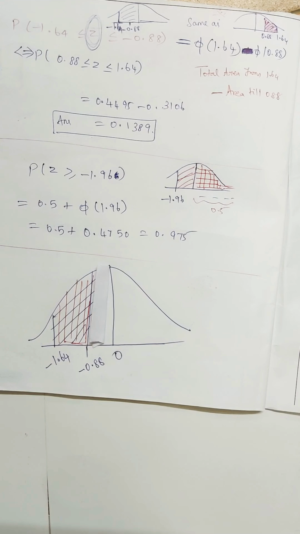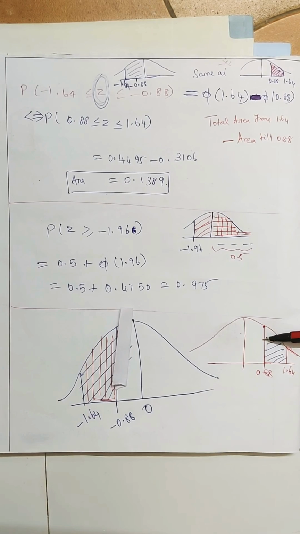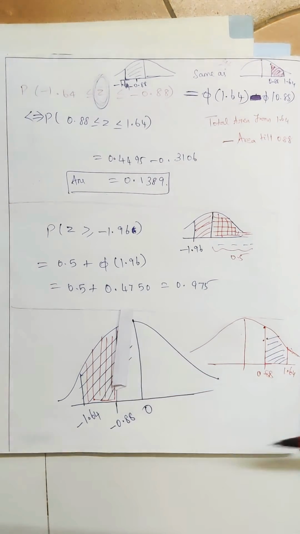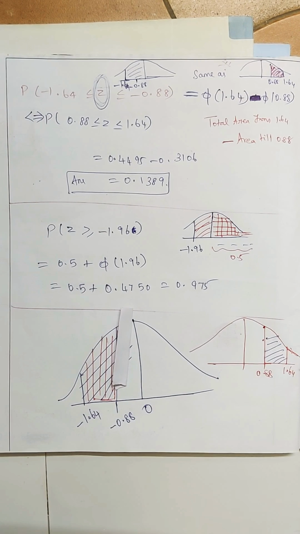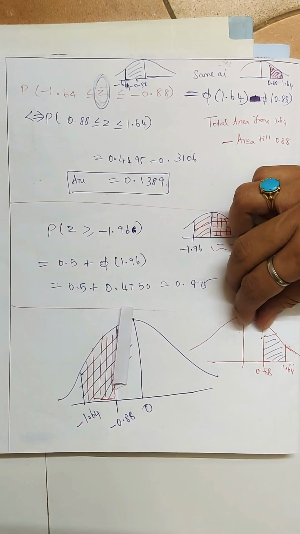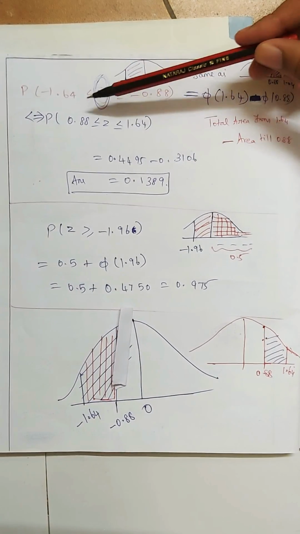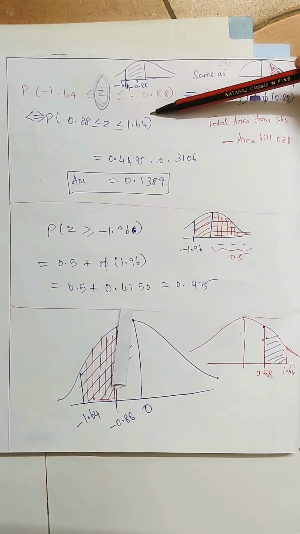Let me draw this graph again very clearly. Yes. Now if you see on the same graph I have drawn here, it was on the left hand side, now it's on the right hand side. So I want from 0.88 to 1.64. From 0 to 1.64, from the total, if I take this piece 0 to 0.88 and leave the part in between, it is nothing but 0.88 to 1.64.